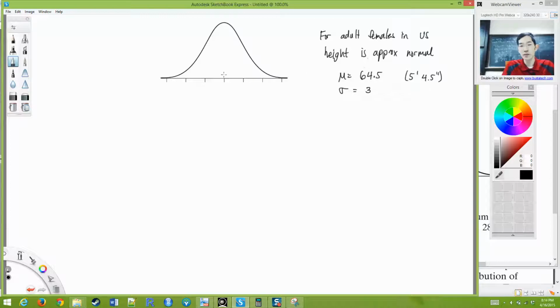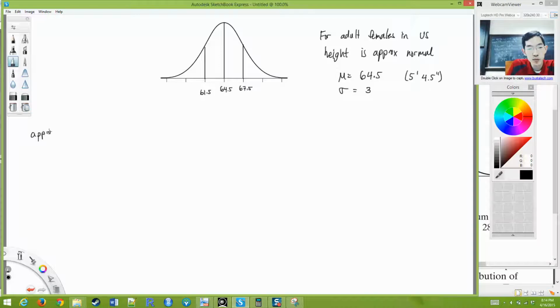Okay? All right. So if we draw our picture, 64.5 goes right in the middle. And what would go right up here? 67.5, and down here I would have what? 61.5. Okay? So I'm just going to ask a simple question.